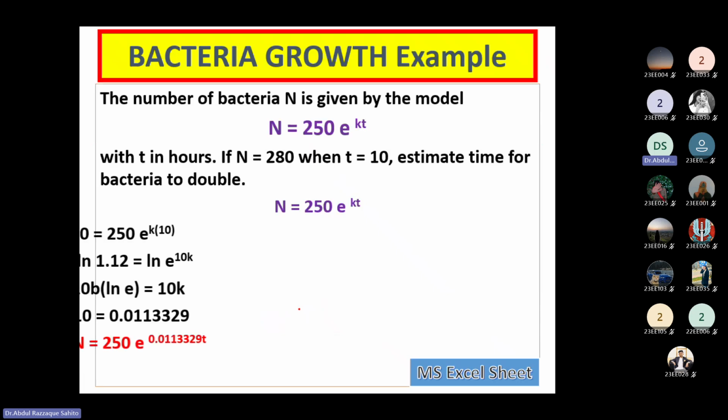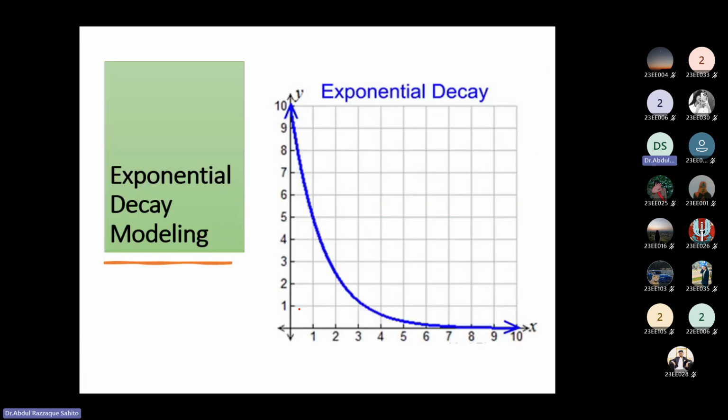Let's move to the second part of this presentation, exponential decay. When we talk about the growth, we have an x-axis and a y-axis. On the y-axis, we have the population, and on the x-axis, we have the time.